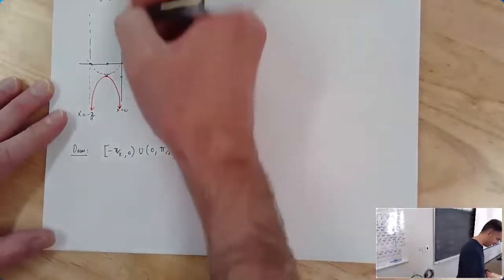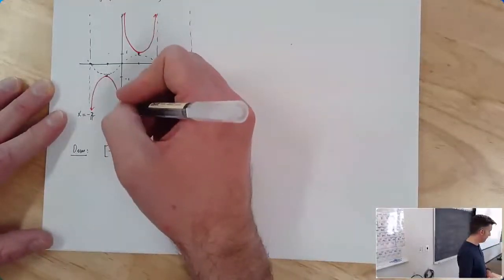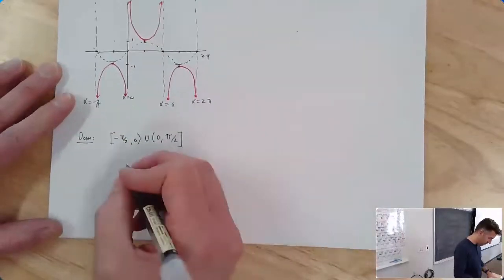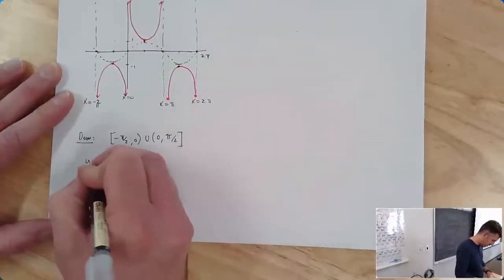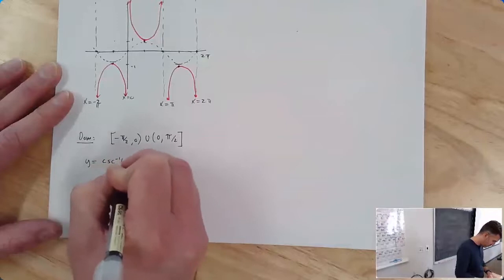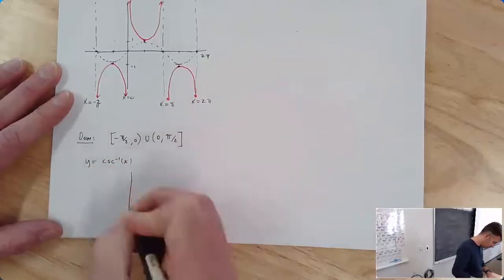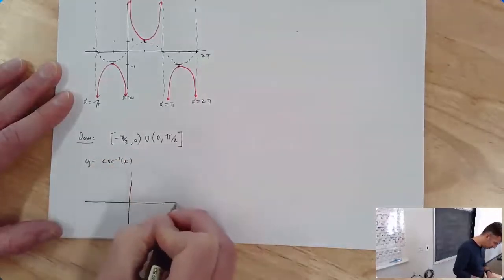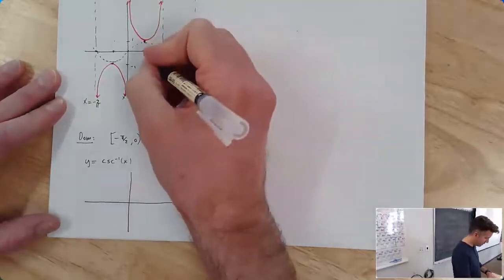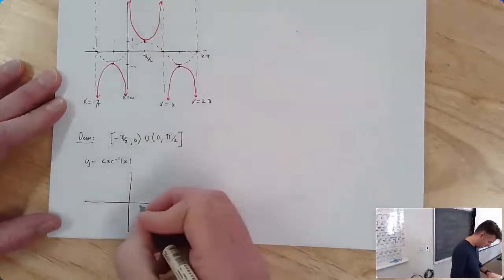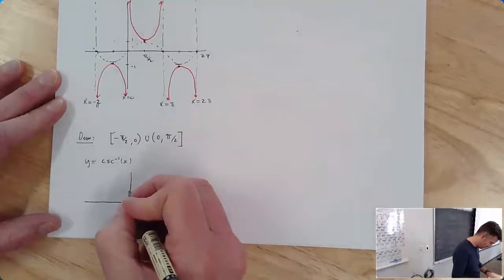Both have the vertical asymptote of x equals 0. So if I graph the inverse, we're going to have the horizontal asymptote both being closer and closer to 0. So instead of the point pi over 2 comma 1, I get 1 comma pi over 2.